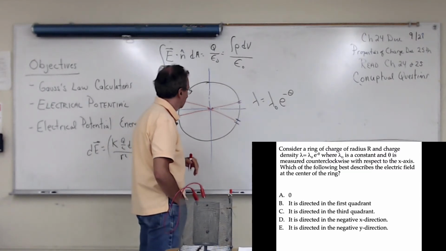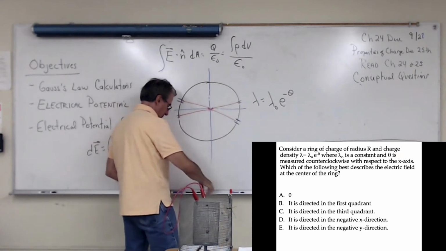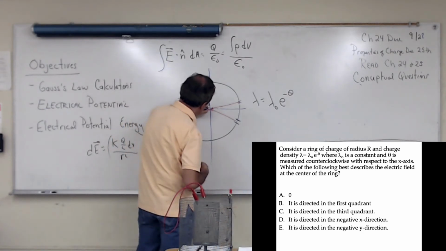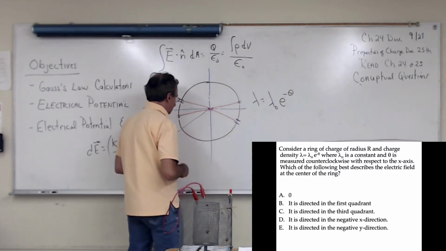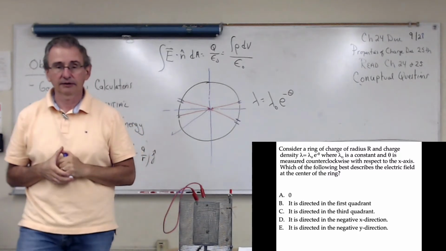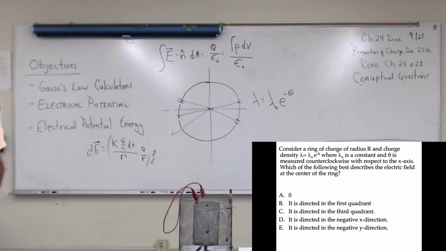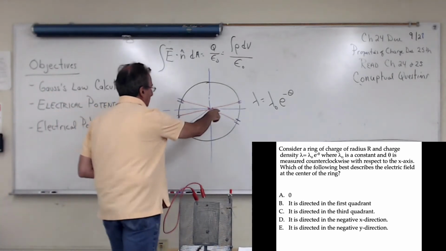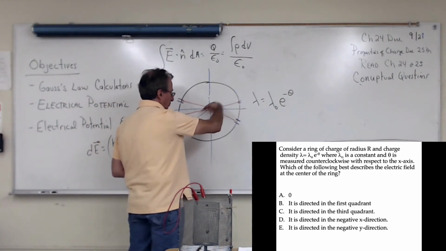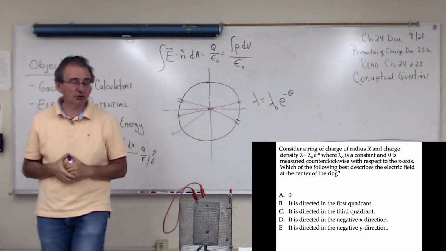So what does that say? It says that the field has to be somewhere in this direction. Which quadrant is this vector? The total field is going to be somewhere like this. Which quadrant is that in? Isn't that the third quadrant? I know I drew this arrow in the first quadrant, but it's pointed towards the third quadrant. So the field is going to be somewhere in the third quadrant.